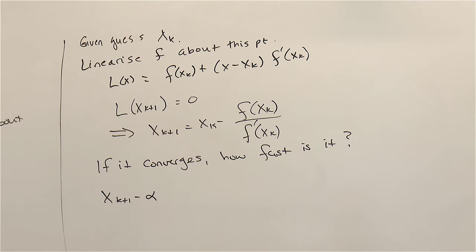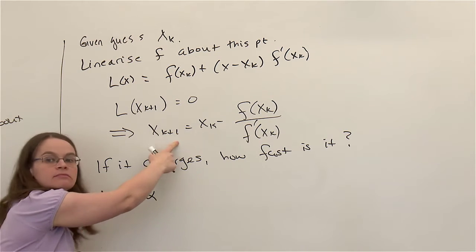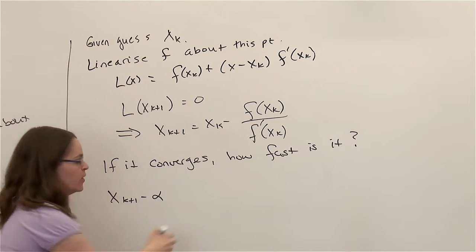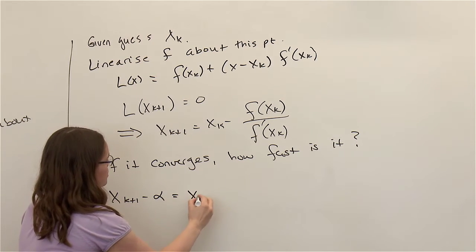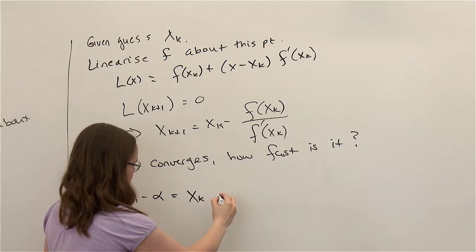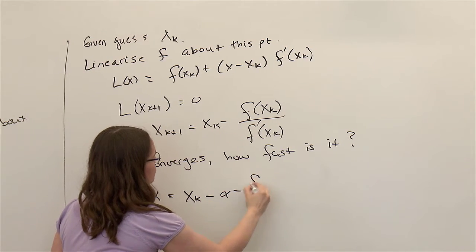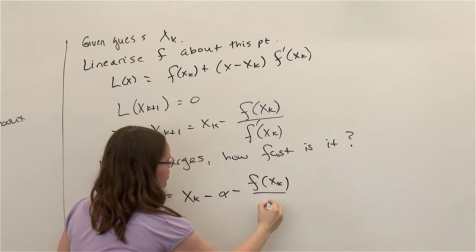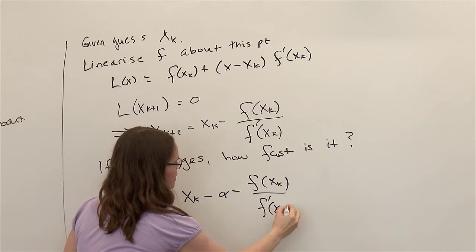We know we need to relate it to xk minus alpha, so the obvious thing to do here is put in Newton's method, right? Just put in what this is from Newton's method. So what do I have? I have xk minus alpha minus f of xk divided by f prime of xk.